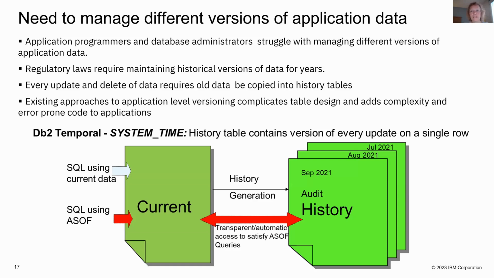And we did actually an analysis on data transformation pipelines and found out that up to 70% of the processing of those transformation pipelines is actually to find the history of the data after the fact.